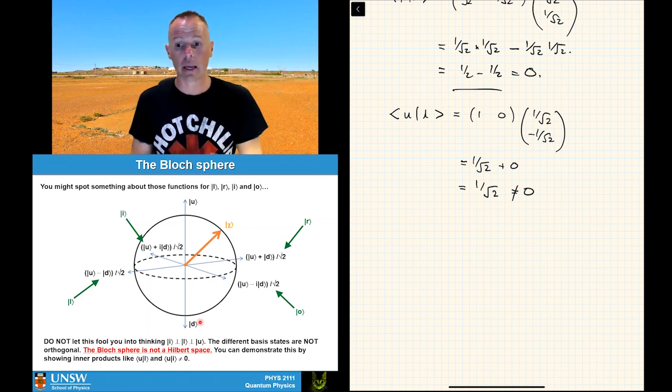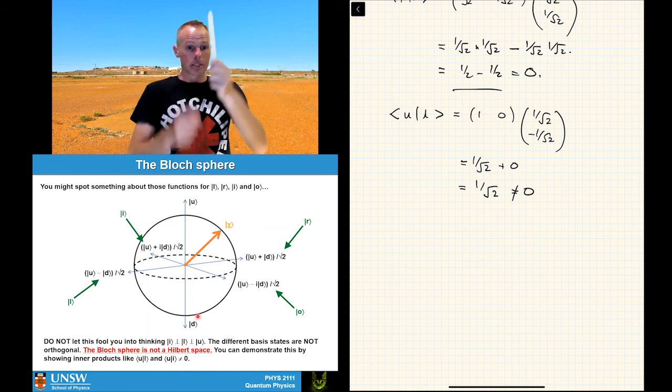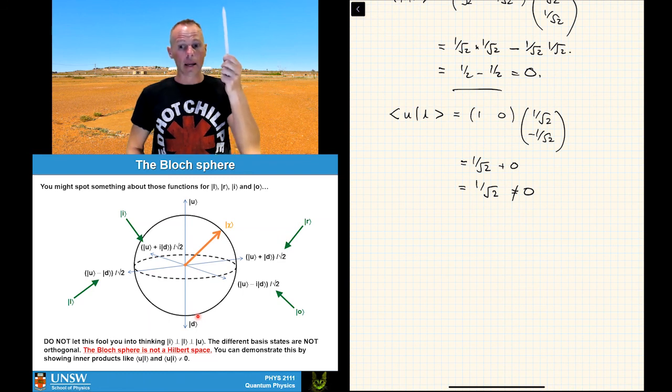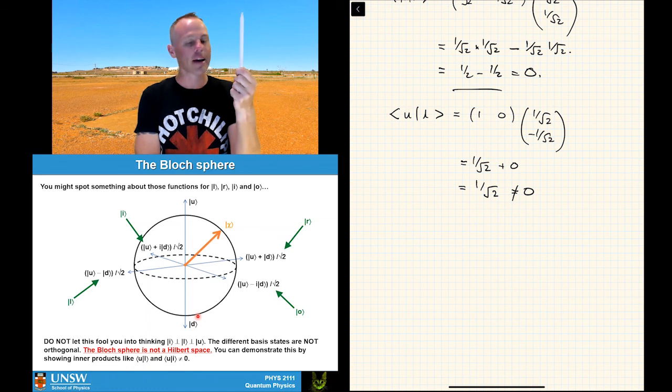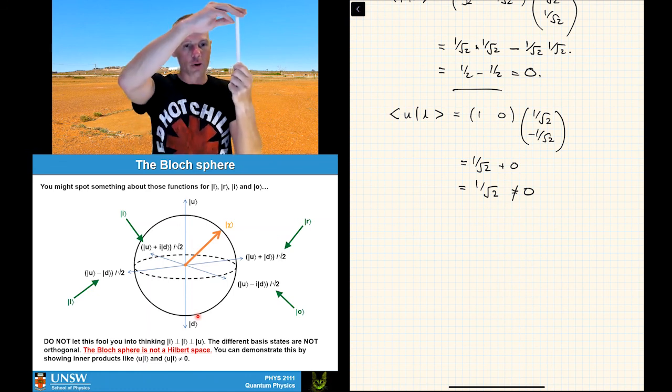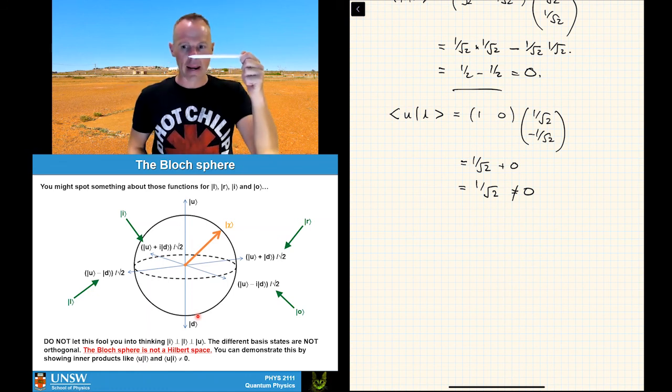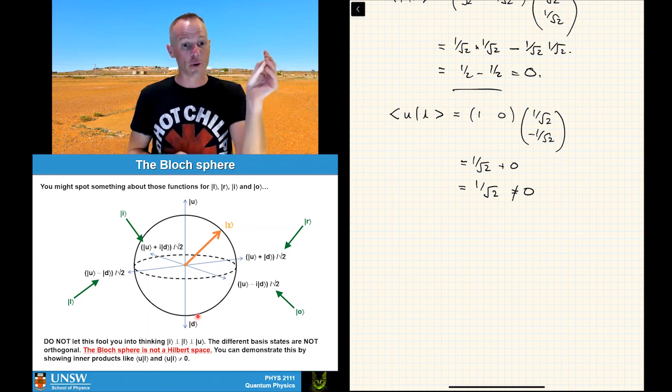So you can imagine here, for example, taking a spin that you start in an up state, and if you do quantum computing courses, you'll learn about this sort of thing. Start with spin in an up state, then you do something that maybe tips it into the plane, so it's able to move, and then you might give it a kick so that it can rotate around through left and right states.